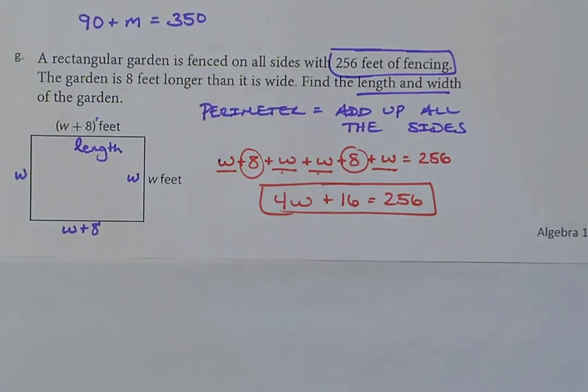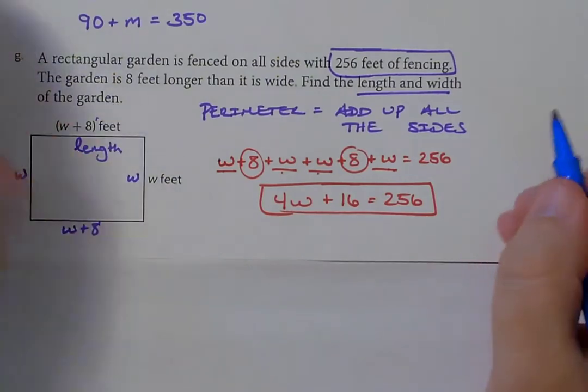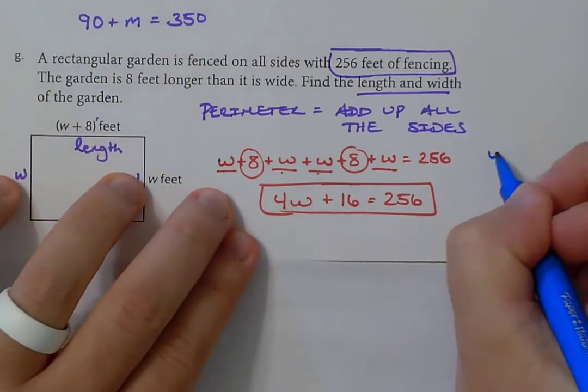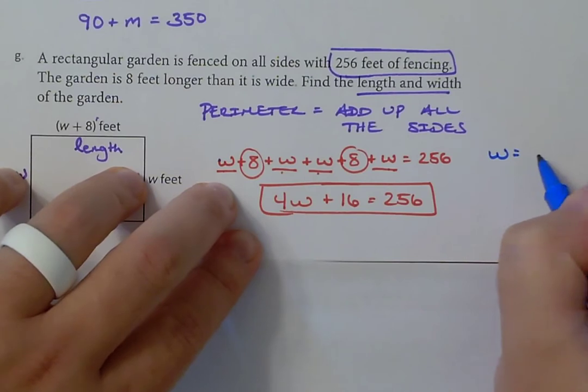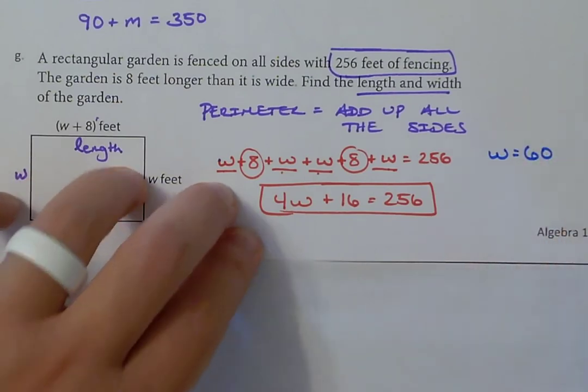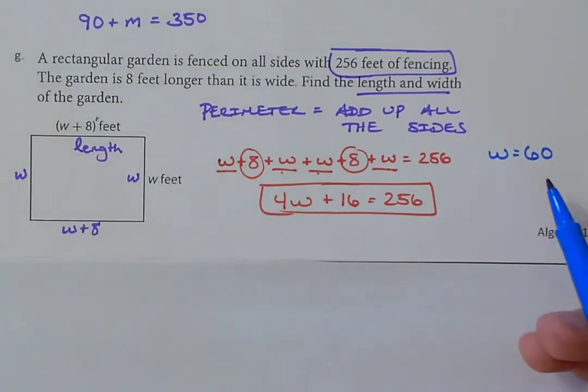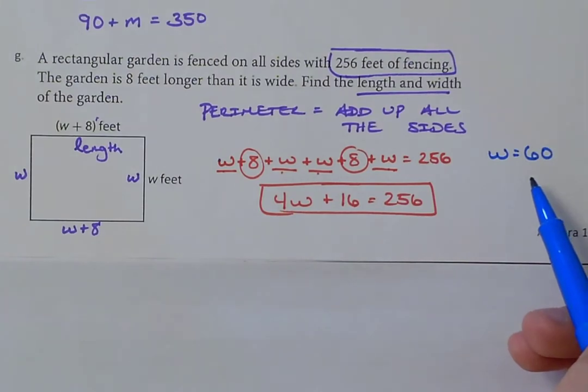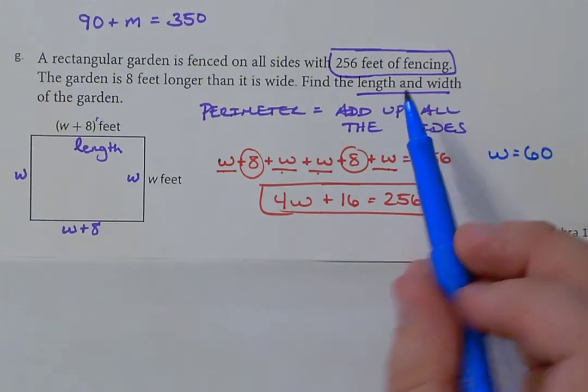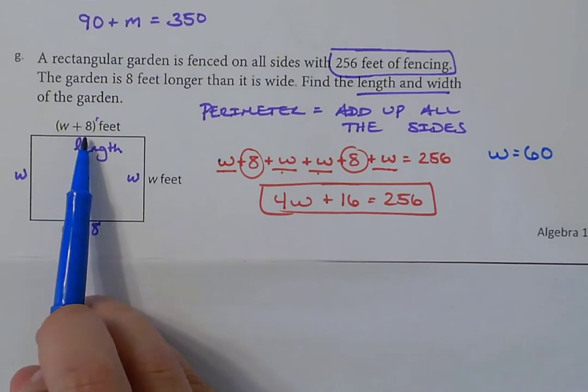Now, that is how you go through and set that up. Now, if you want to solve it to figure out what W equals, you would subtract 16 and then divide by 4. So that would give you what W equals. And if you want to practice that, know that W is going to equal 60. So if W equals 60, to figure out the length, my length is W plus 8.